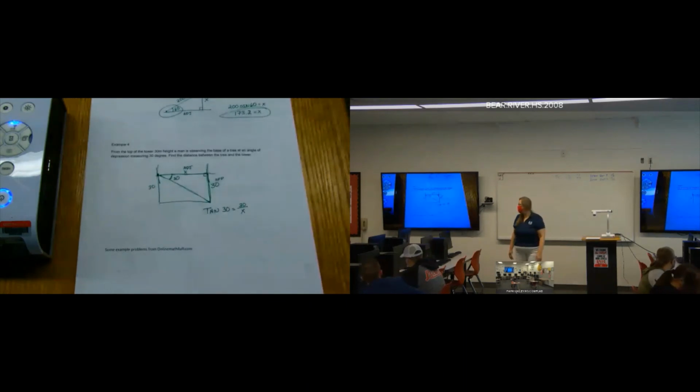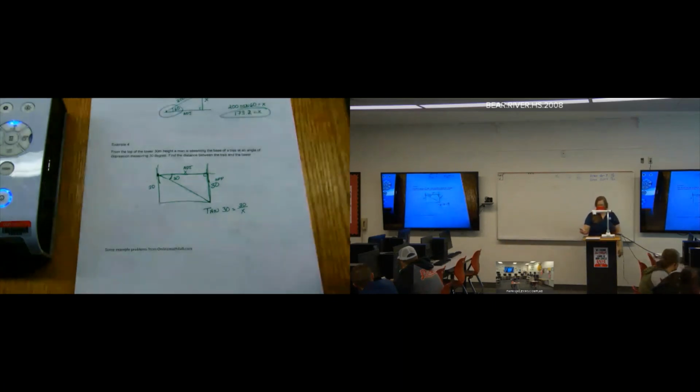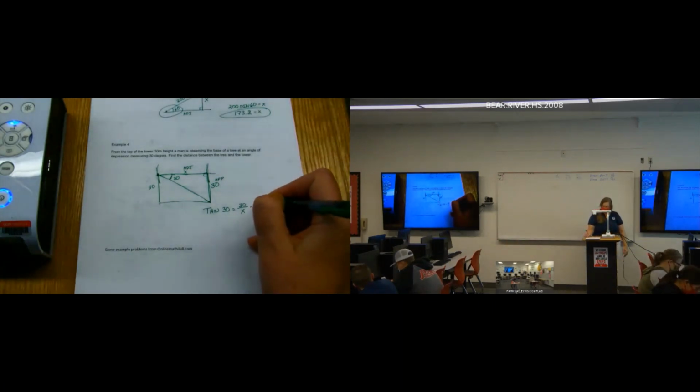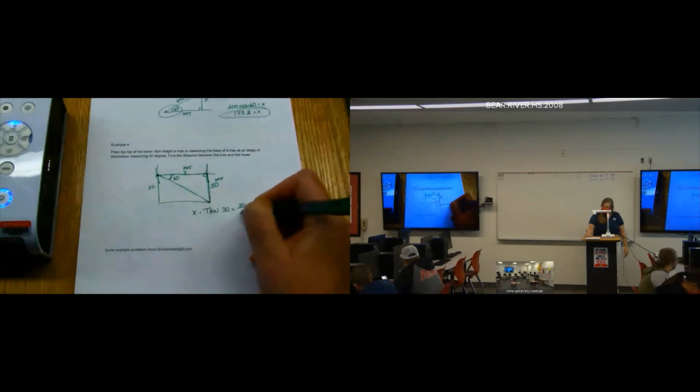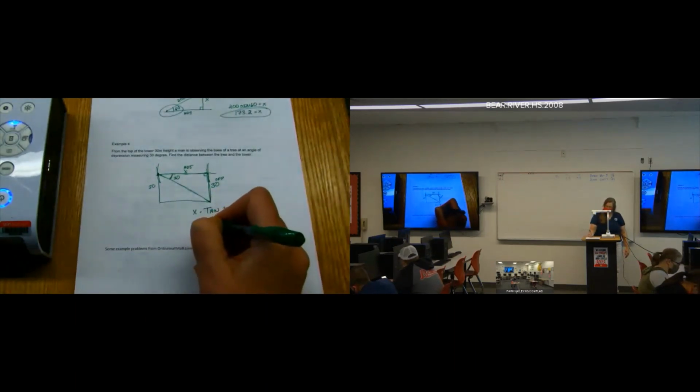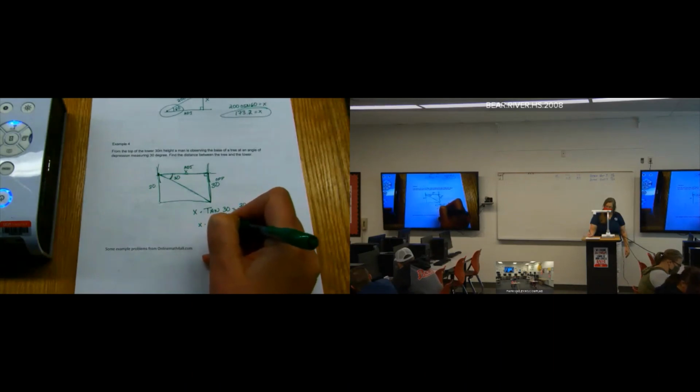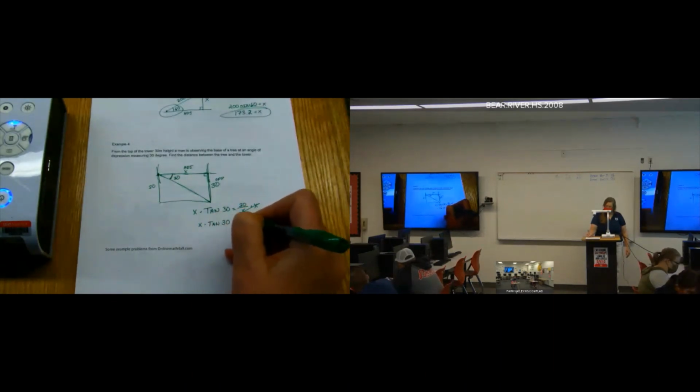Here we go. What do we do now? Do I like where the X is? No, get rid of it. How do I get rid of it from there? Times it by both sides. So I get X times the tangent of 30 equals 30. Now what?